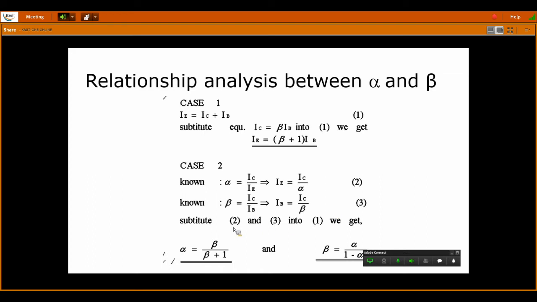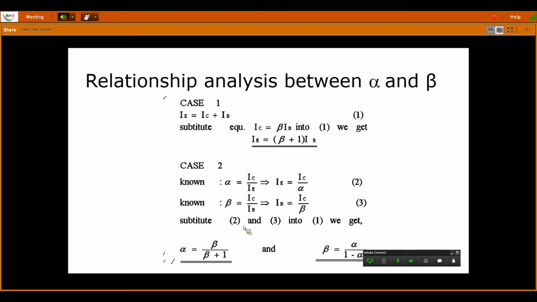If I substitute these 2 and 3 into the first equation, then here IE is equal to IC by alpha and IB is equal to IC by beta. So let us substitute that in the first equation.